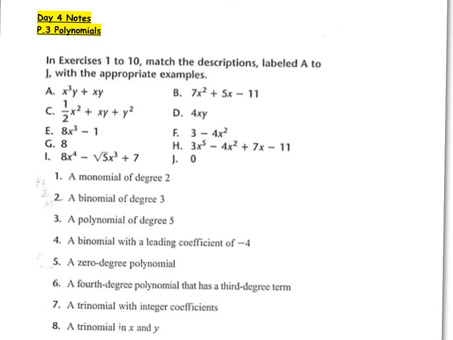Polynomials are separated by sum and difference of terms, and the keywords here that we're looking for are monomial, a binomial, and a trinomial.